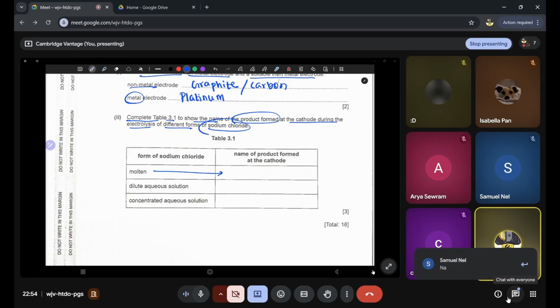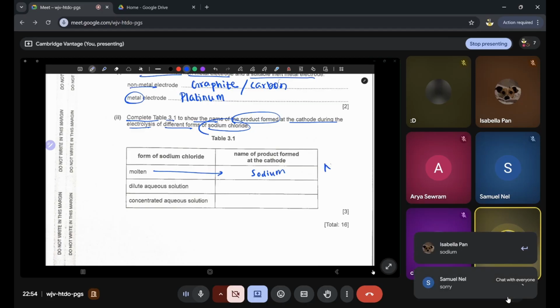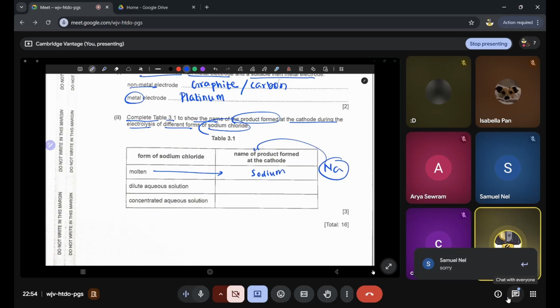Sam, I asked Isabella. All right, Sam, you are correct. It's sodium, but if you write, yeah, Isabella, you are correct. You should write sodium. If you write Na, Sam, again, they ask for the name over here. So you have to write sodium, the entire thing. Just the formula would not work. You could also write solid sodium. Not really required, but you could if you wanted to.